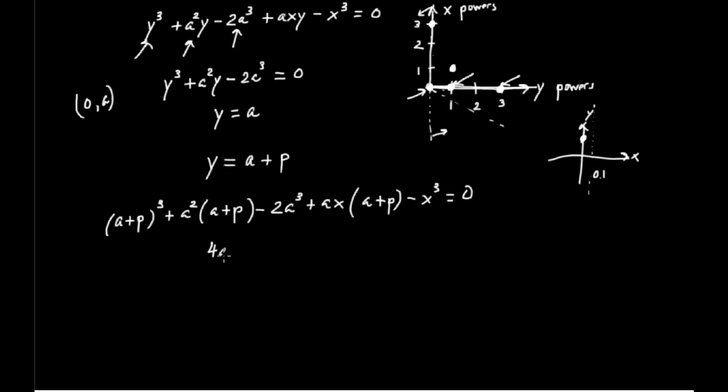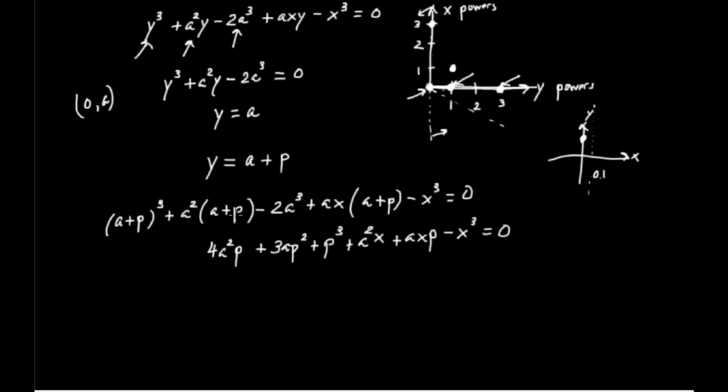What you're going to end up getting is 4a^2 p, when all the dust settles, plus 3ap^2 plus p^3 plus a^2 x plus axp minus x^3 equals 0.